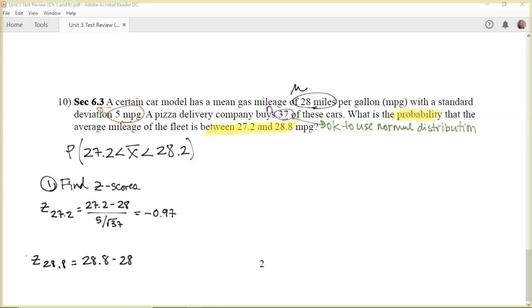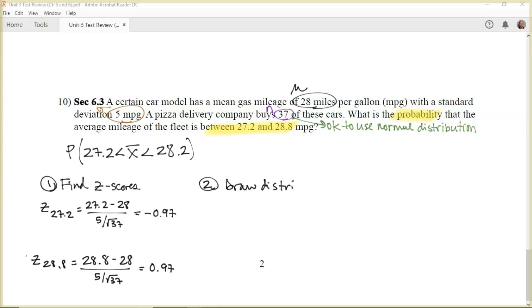Take 28.8 minus 28 divided by the same thing, and we get positive 0.97. Hopefully you're like, okay, that makes sense, because this value is 0.8 below 28, and this value is 0.8 above 28. So they should have a similar z-score value, just one below and one above.